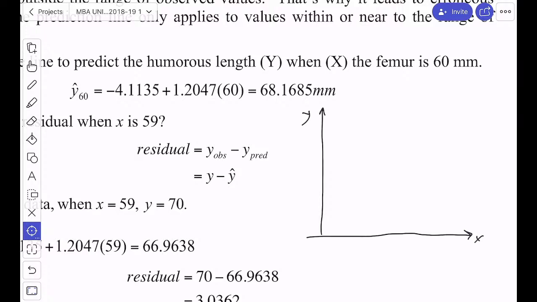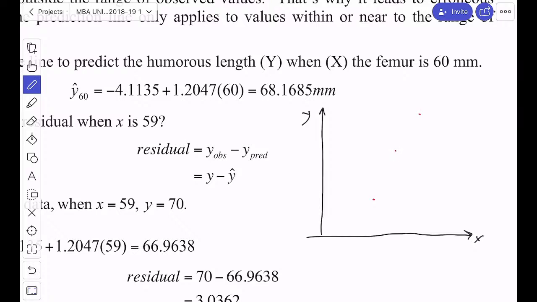Okay, so where was I? Okay, so here we are. We want to make a prediction when the femur is 60. So there's a relationship among the values. It's pretty tight.